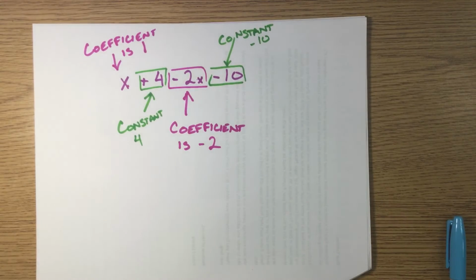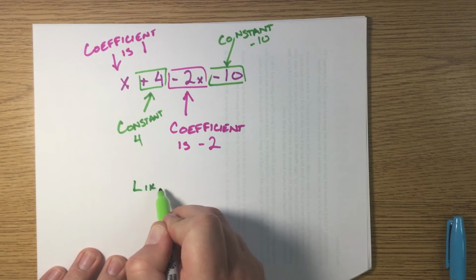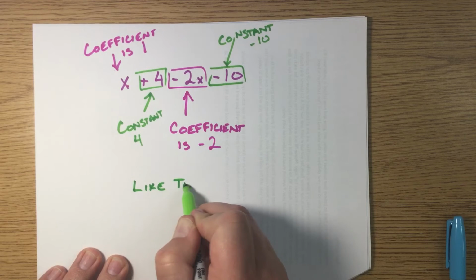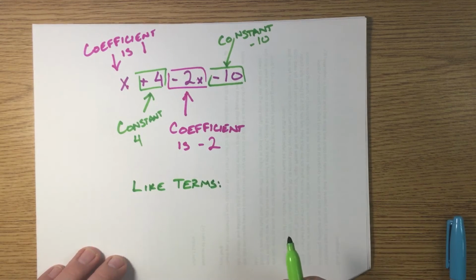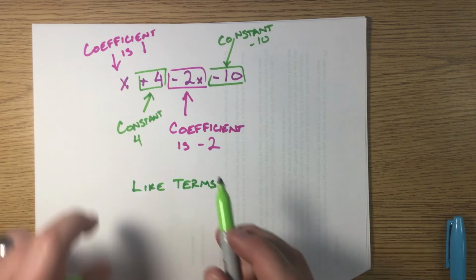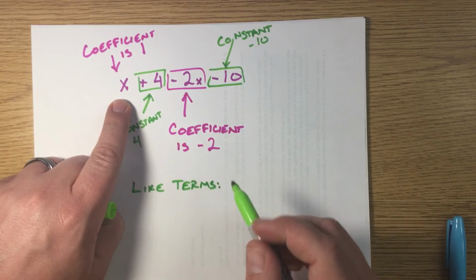And then the last but not least part that I'm supposed to do in this kind of a problem is identify the like terms. There are 2 pairs of like terms. The first one might be the obvious one, which is the x's.